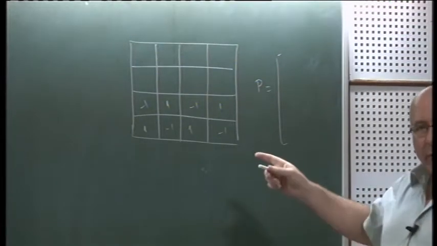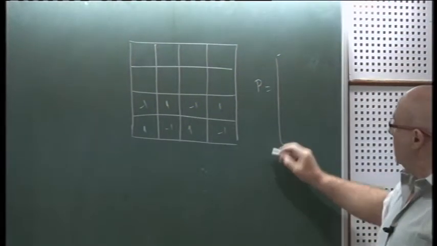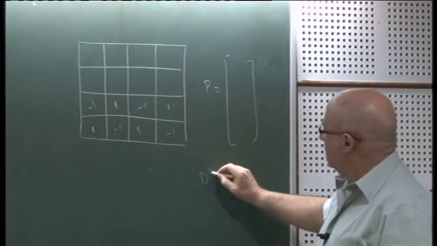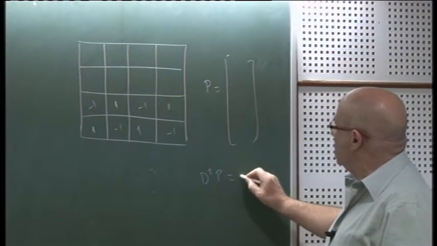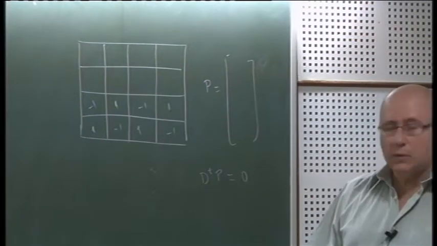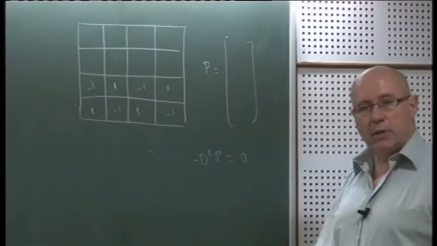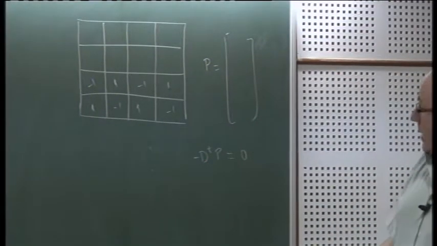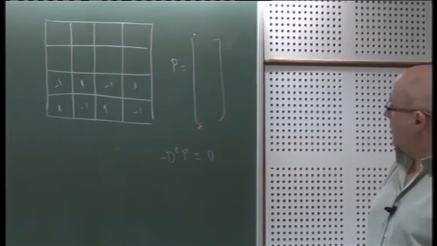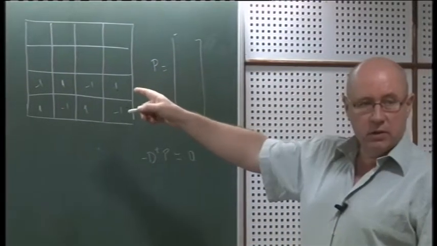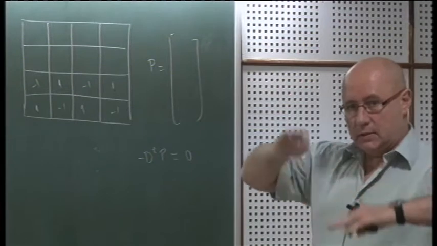If you take that array, it turns out that the gradient of that array is 0. The minus the divergence of this array happens to be 0. Now, this array has a discrete gradient 0, and of course it's not 0, nor a constant, because it's 1, minus 1.